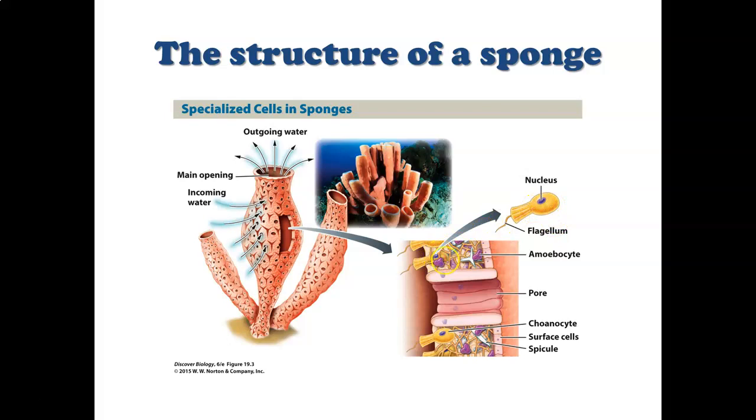So they're buried into the interior wall of the animal. The tail sticks out and the tails beat and it creates a suction. Right? And that draws the water in through these pores, and the water is going to be carrying protists and things, and they get caught on these collar cells, these collars here, and that's how the sponge catches its food. And then the excess water gets blasted out this hole at the top.